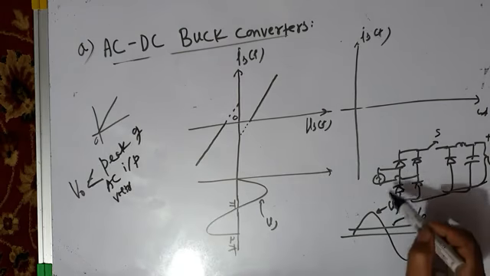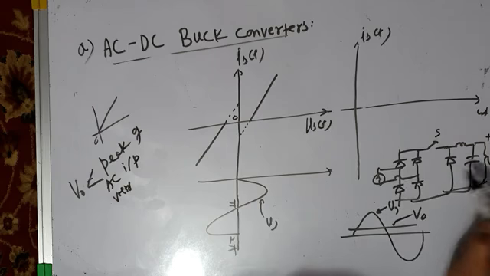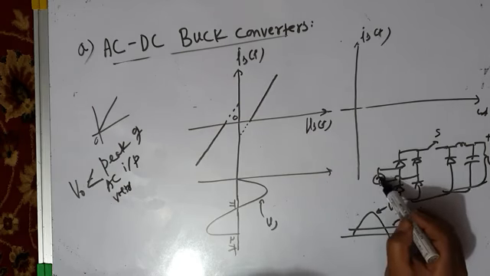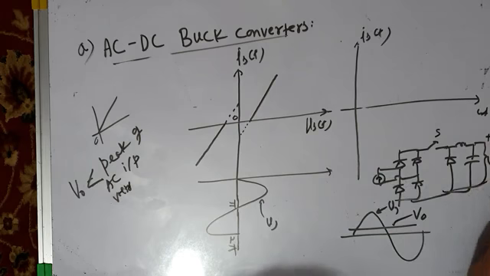Because the input voltage is AC, take its peak, and the output voltage is always less than the peak of the AC input voltage. That's why it's called an AC to DC buck converter. This is your input voltage, which is AC. Output voltage is perfect DC.